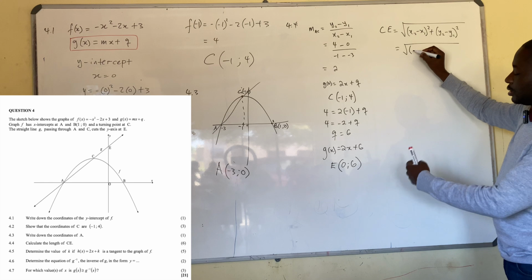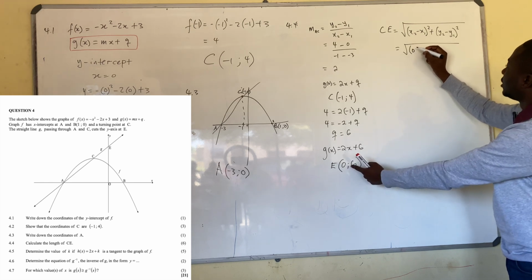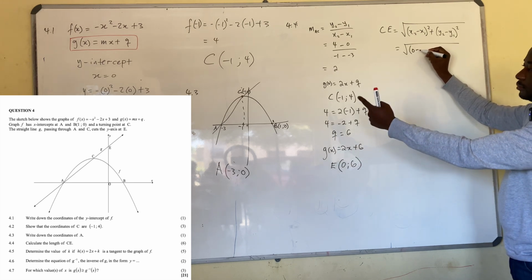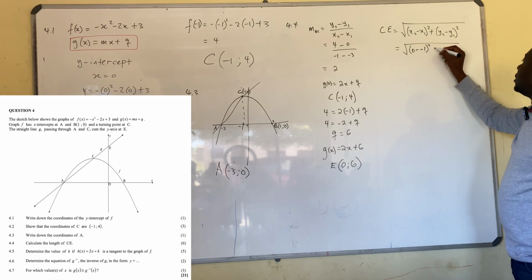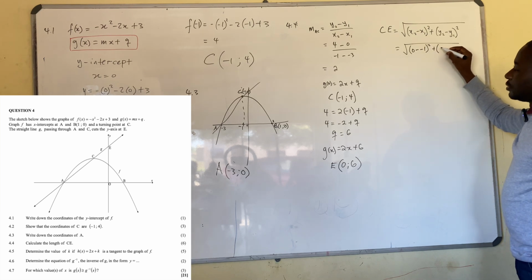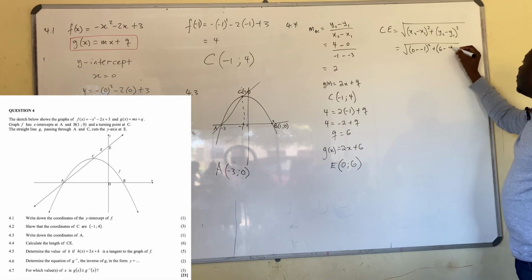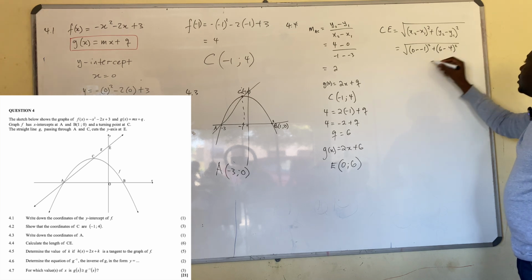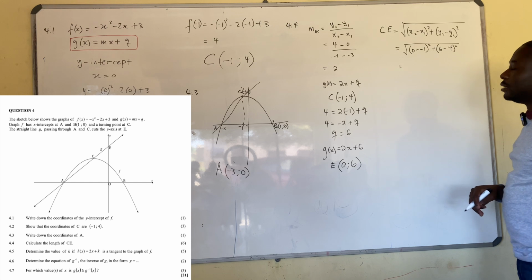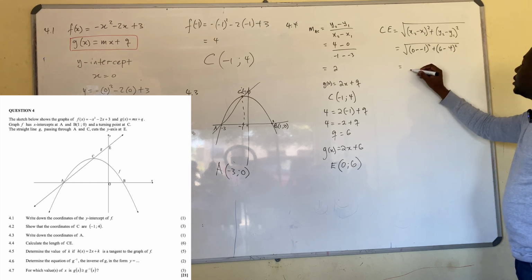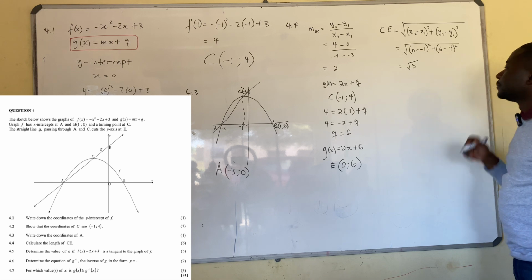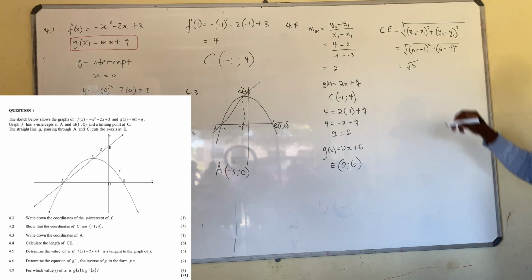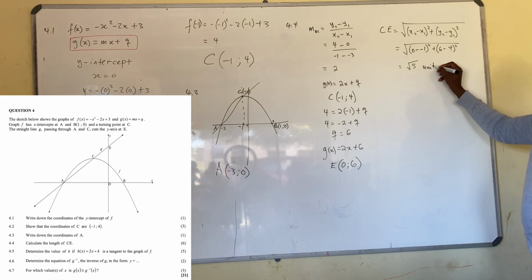So we can take, whatever you want to take, 0 minus negative 1, squared, plus 6 minus 4, squared, right? So all of that will give you what? Root 5. Okay. Units, right? Good.